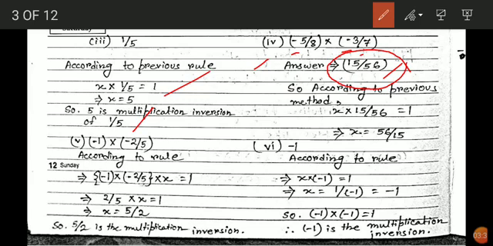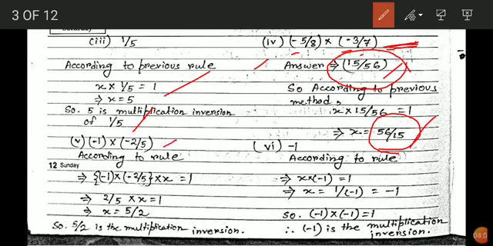According to the previous rule, suppose x is the multiplicative inverse of 15 by 56. So x into 15 by 56 equals 1, and then x equals 56 by 15. That is the multiplicative inverse of this number.